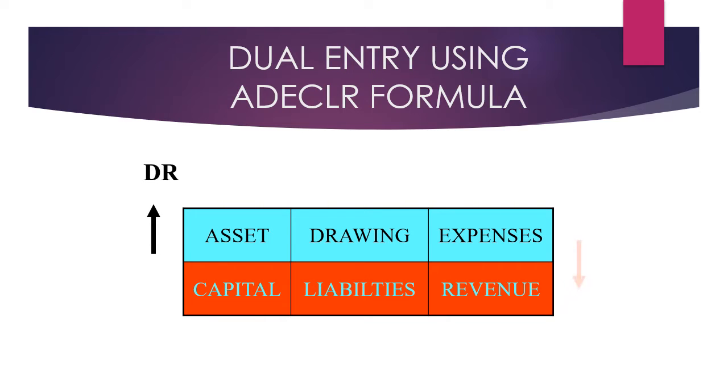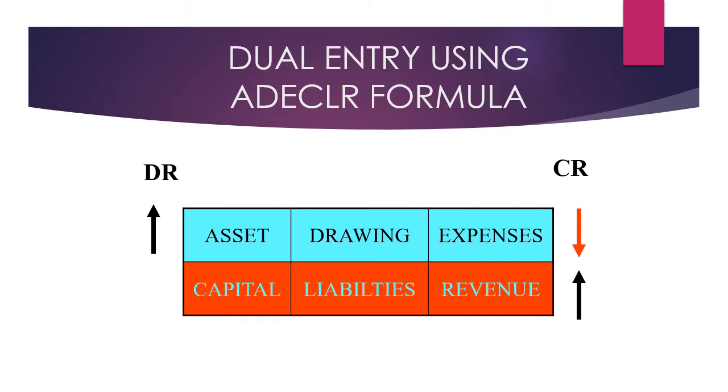And whenever asset, drawing, expenses decrease in the business, you need to credit the account. For example, when the money in the bank is reduced, you need to credit the bank account. However, vice versa, when capital, liabilities and revenues increase, you need to credit the account. For example, just now, the capital in the business increased by 100,000.